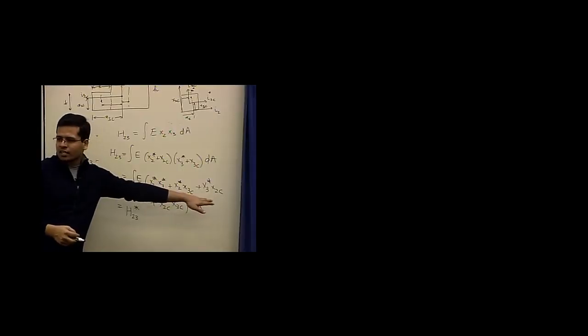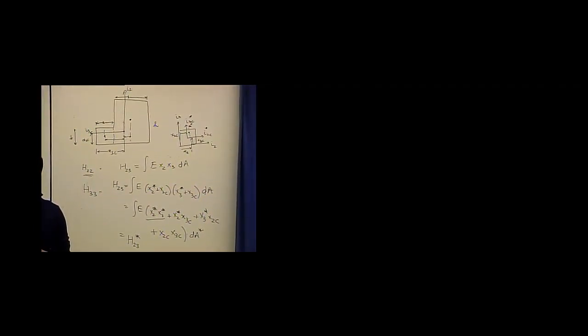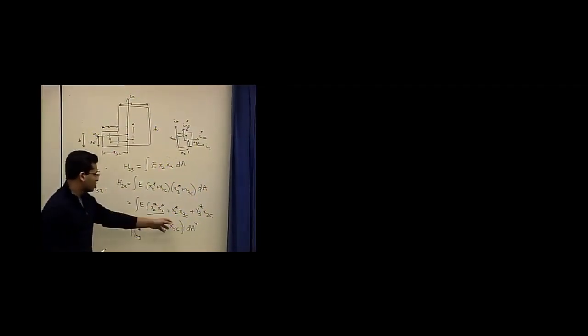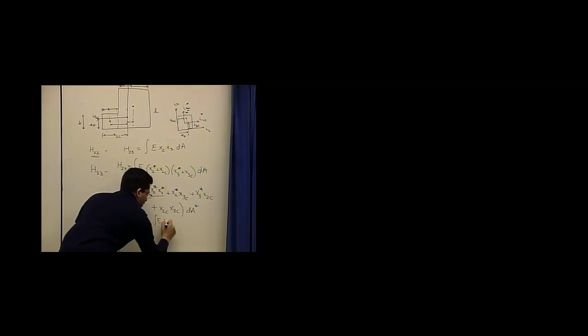Coming back to your question, if there was a negative sign here, probably some of these terms would face the negative sign, but the integration of that is going to 0 because we are dealing with the centroidal frame of reference, right? So that's why these go to 0, and we are left with this, which in simple terms is the integration of E dA times x2c x3c.